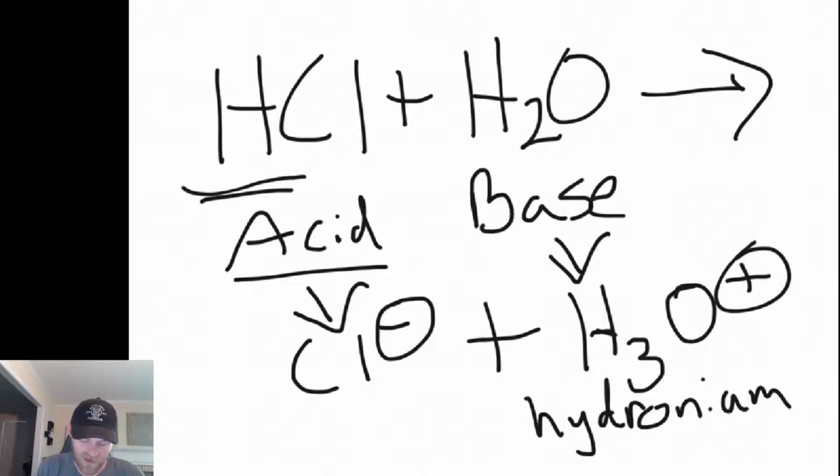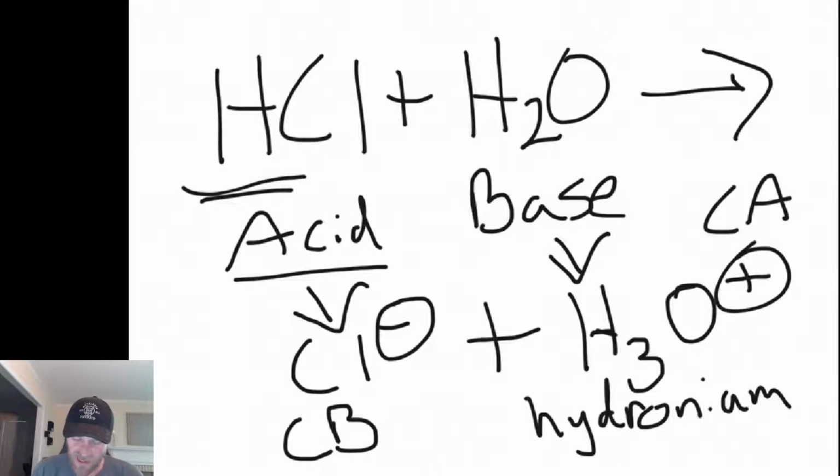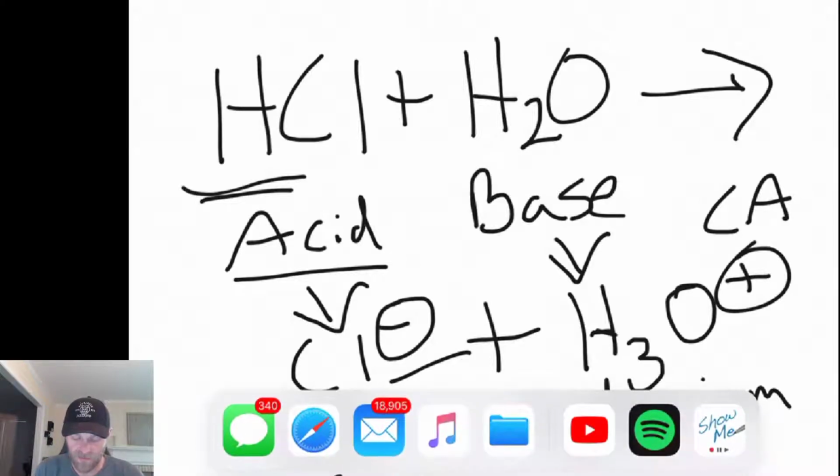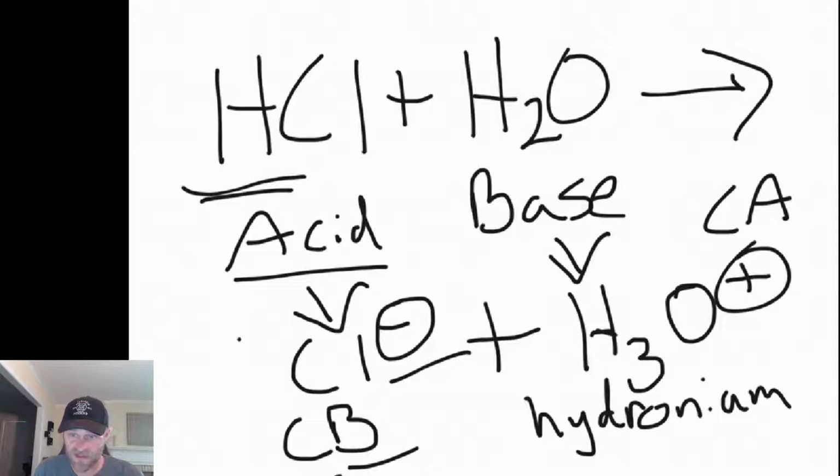So we call this the conjugate base, and I'm just going to abbreviate it as CB. And then this hydronium is the conjugate acid. So just remember, if it's got that negative charge, it's got to be the conjugate base. If it's got the positive charge, it's got to be the conjugate acid.